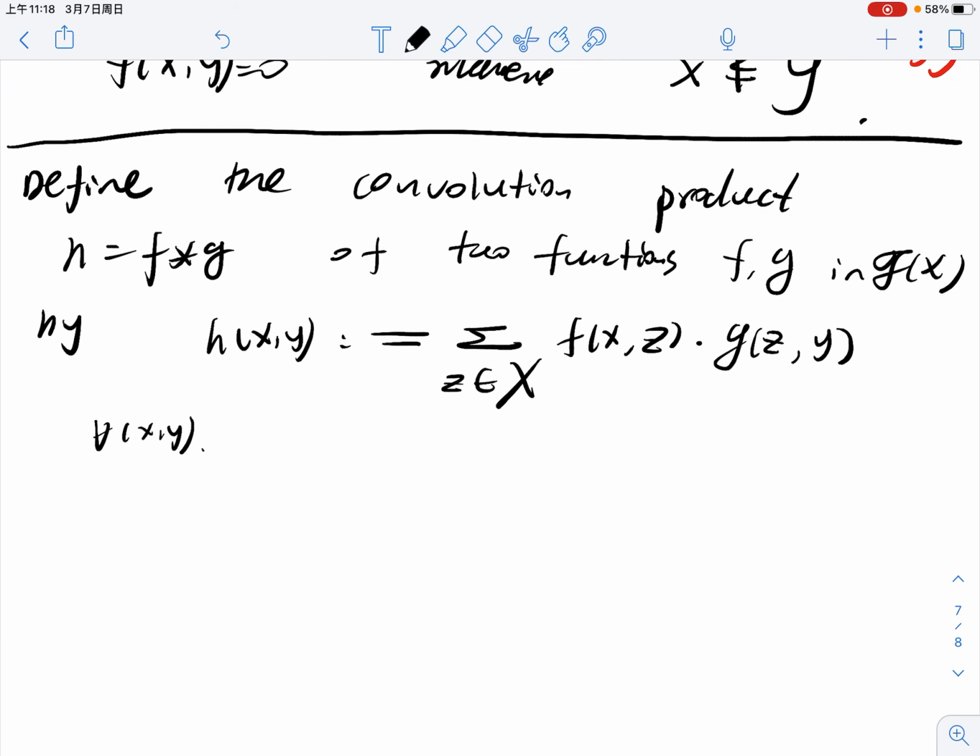This is a little bit complicated if you haven't met this before, but it's quite a natural operation in mathematics.